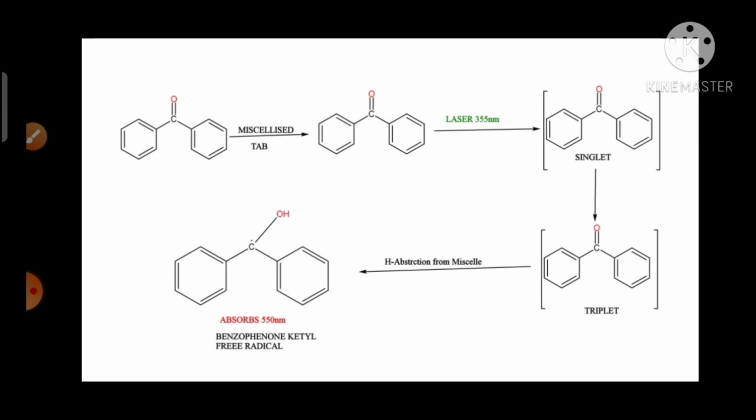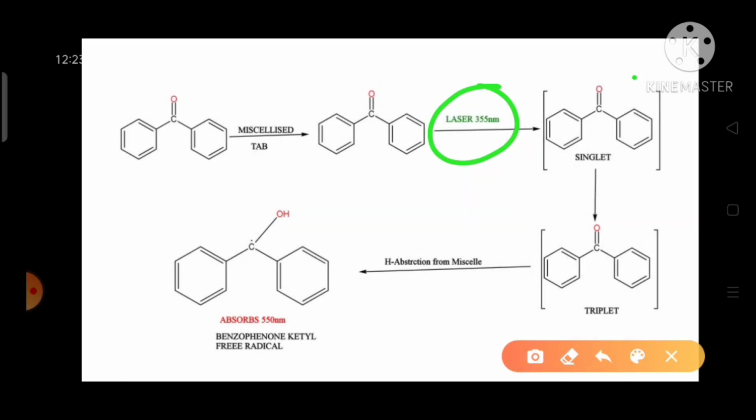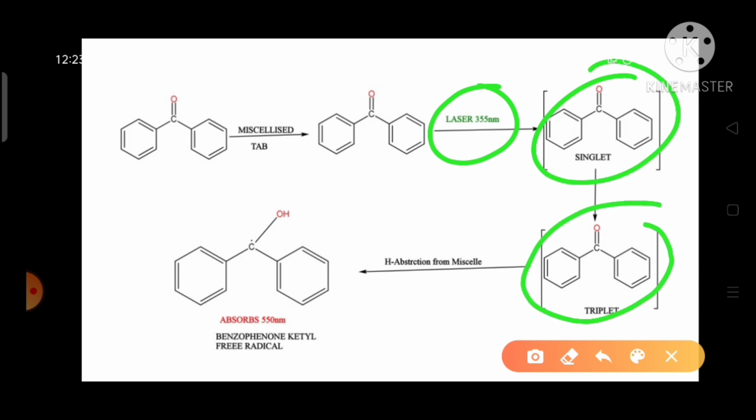We can take benzophenone as the best example for this. Benzophenone is dissolved in a methyl solution. When it is subjected to the laser beam, benzophenone absorbs the wavelength of 355 nanometers, first goes into the excited state, and then goes into the triplet state. In the triplet state, it abstracts hydrogen from the methyl and changes into the benzophenone ketyl free radical, which absorbs the 550 nanometer laser beam.